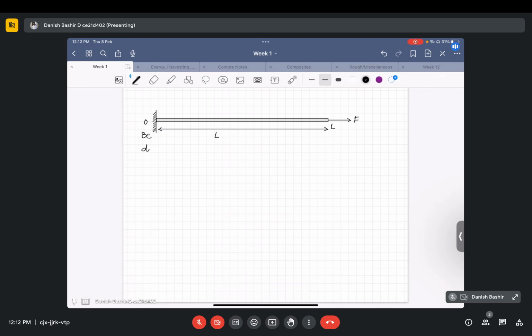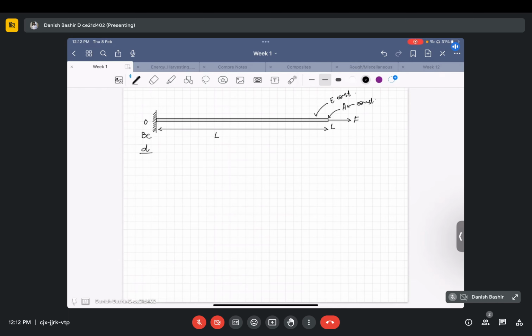One more thing I want to mention is that its area is A and it's constant throughout, and its modulus of elasticity, stiffness, is E, constant.